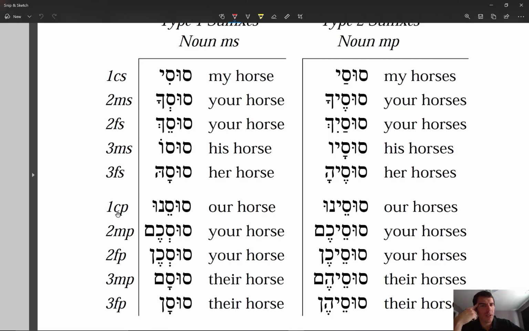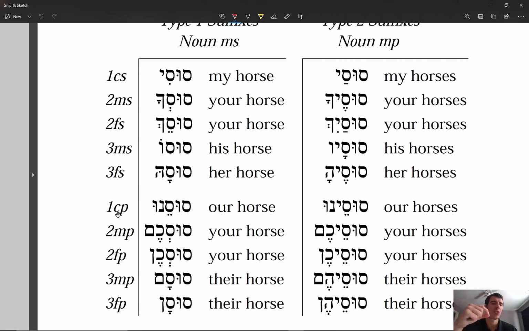So these are not specifically possessive pronouns, but they often function as possessive pronouns. So they can function as objects of verbs, for example, or of prepositions. So when they're on nouns, typically they are possessive, my horse, your horse.